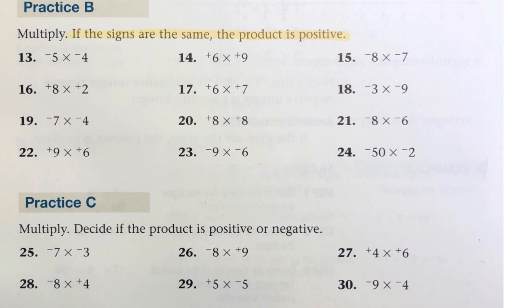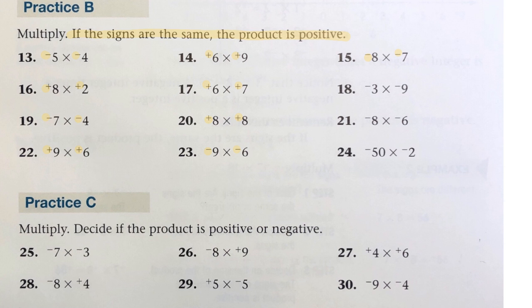With all of the problems from 13 through 24, we can see that all of the signs are the same. Positive and positive, negative and negative, and so on. Each math problem has two factors that have the same sign.